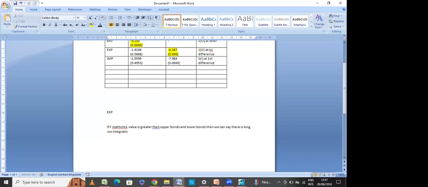Integration means movement of variables. So this is my rule of thumb.